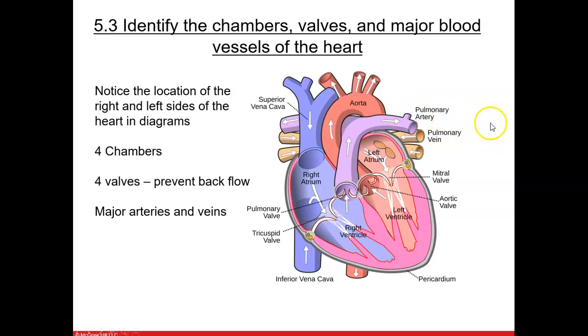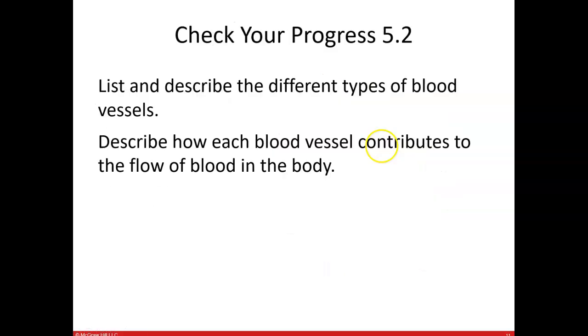The pulmonary veins carry blood from the lungs back to the heart, so the pulmonary veins carry oxygenated blood. So when we talked about arteries and veins, I said, let's go back and look at that.